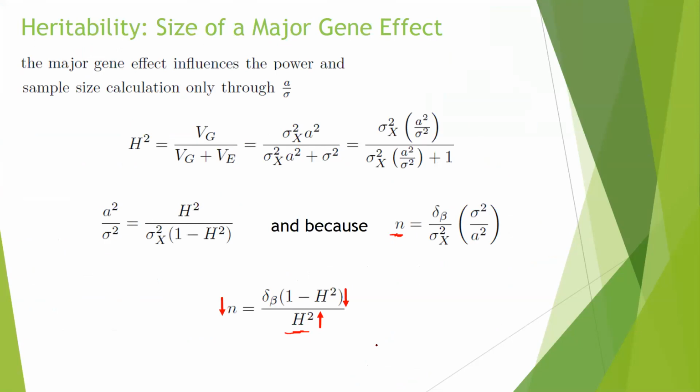If we are talking about the same level of power and you increase the heritability of the trait, you change it into a trait with better heritability, then you need less sample to achieve the same power. Make sense? Great, good question.